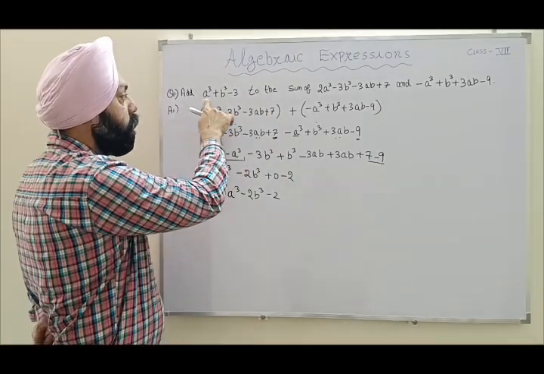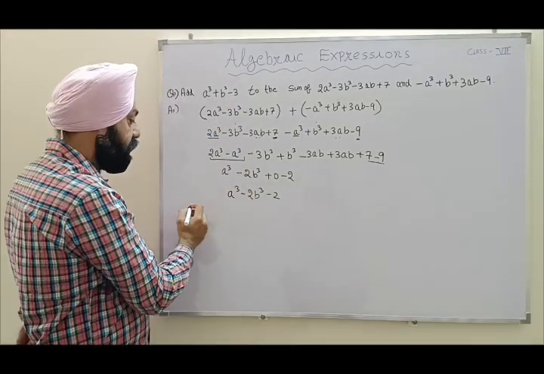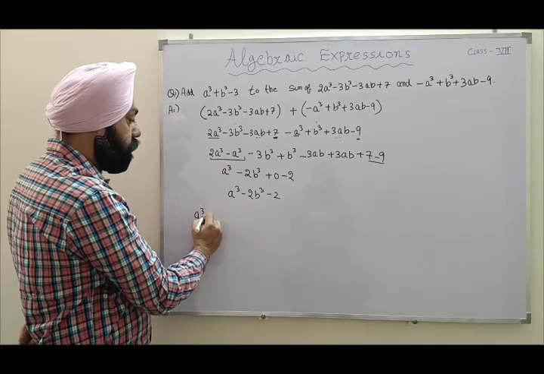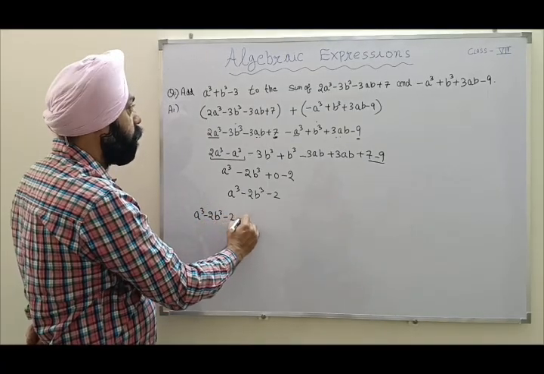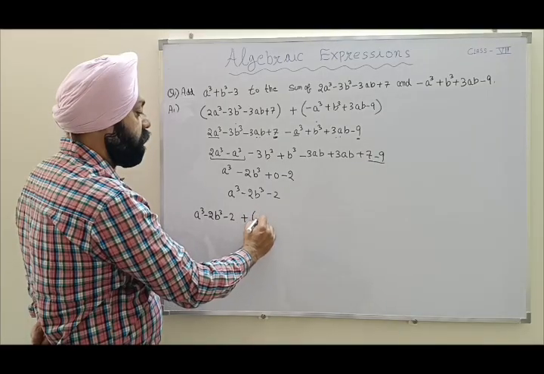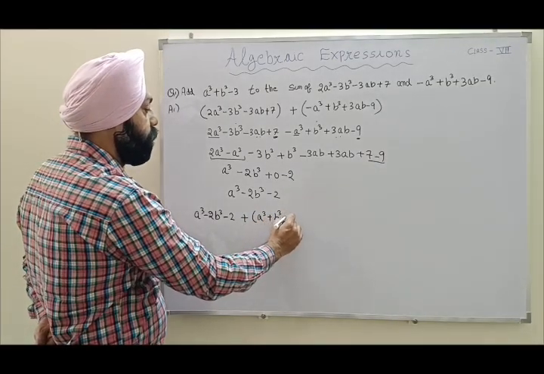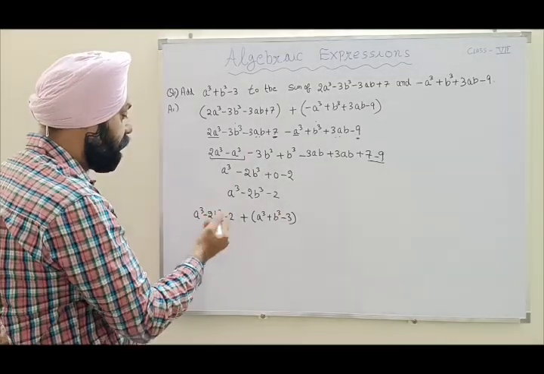Now we have to add another expression to this result. So the next step will be a cube minus 2b cube minus 2 plus, you can put the expression in brackets. We will again open the bracket and combine the like terms.